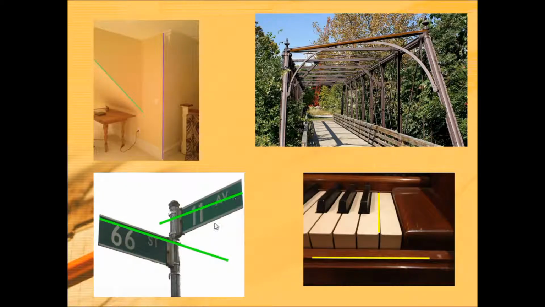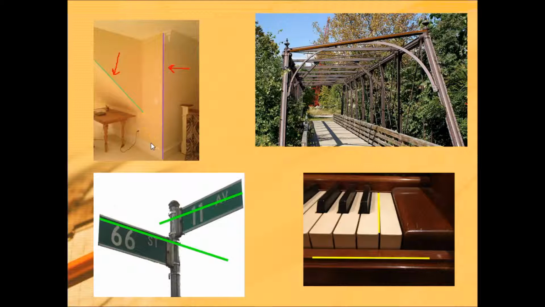Here are some real life figures that show skew lines, because skew lines are kind of hard to see. In this first picture to the left, I have a wall. This is not my house, I just Googled images. These two lines are in fact skew lines. They're not on the same plane and they're not going to intersect.